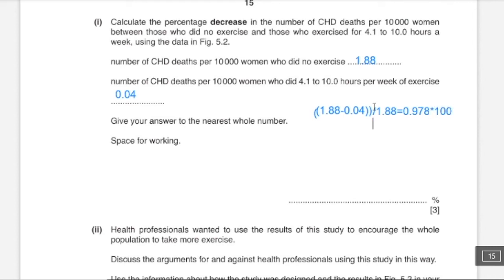So we get the answer over here as 97.8, which if we round it is equal to 98. So here we have the percentage decrease.